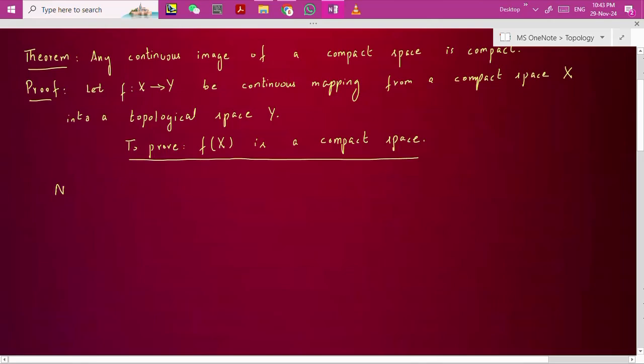Note that this image is a subset of Y, and the space f(X) with tau is a subspace of Y, where tau is the relative topology on f(X).